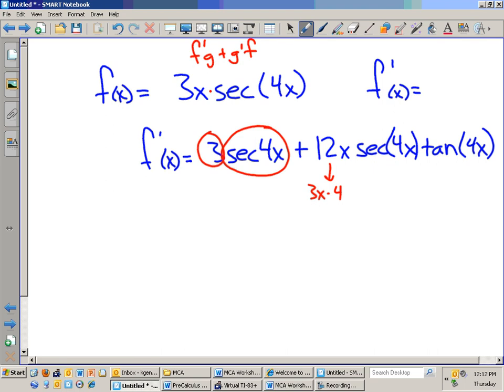The derivative of secant of 4x is 4 secant of 4x tangent of 4x, using the chain rule. So I take that 4 times the 3x to get the 12x, secant of 4x tangent of 4x. Better? Okay.